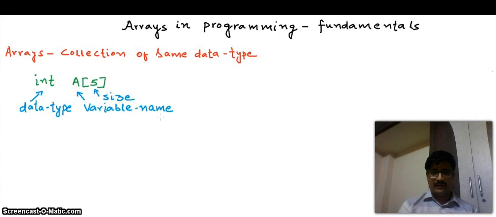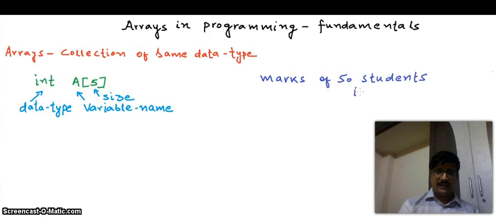Now, where does the concept of the array fit in programming? Let's say in a program we wanted to store the marks of 50 students in a class in, let's say, mathematics.